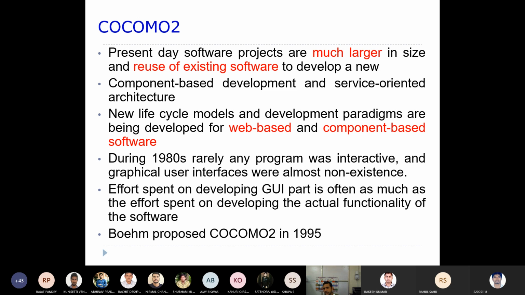The other way is service-oriented architectures. We go for some sort of services. Today you can think of cloud services as an example of recent-day software.